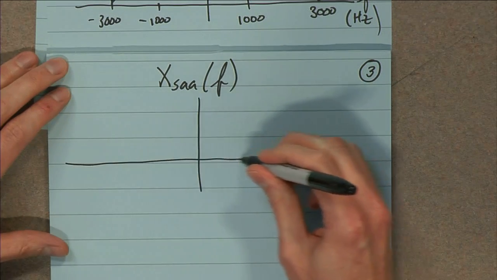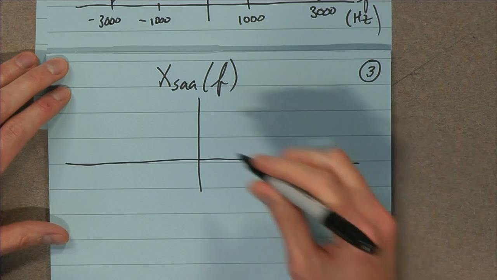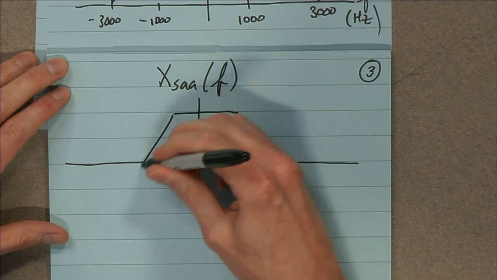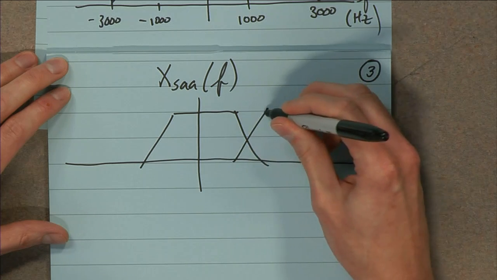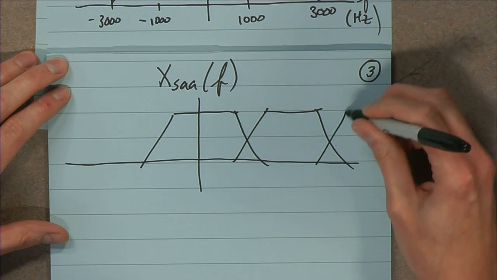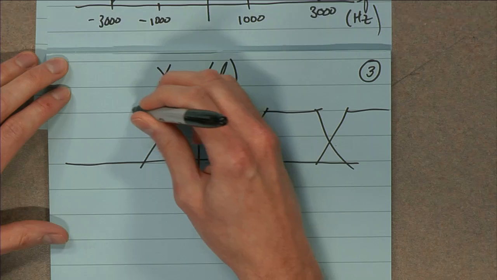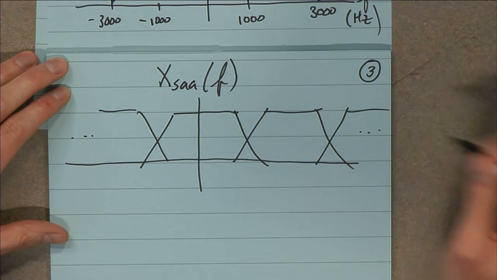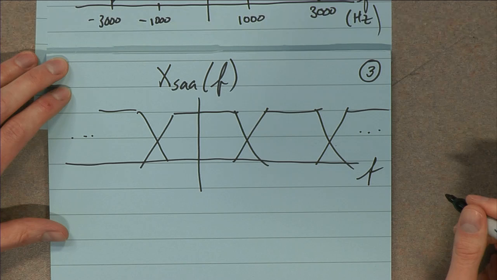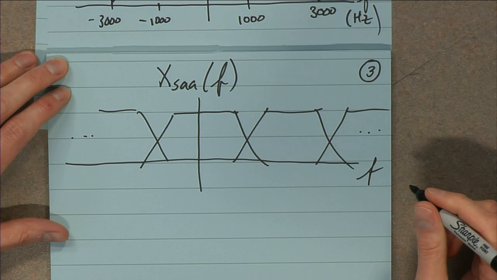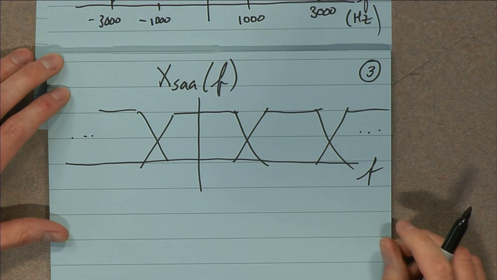So what happens when we sample? Remember from the theory that means we end up with all these shifted copies of things. And how did you shift it?